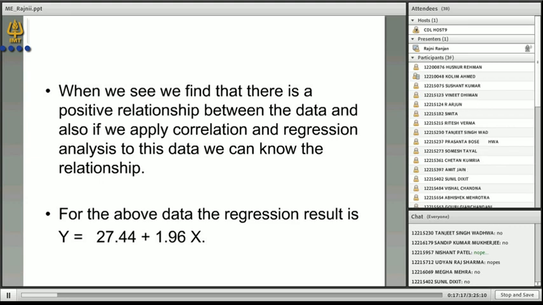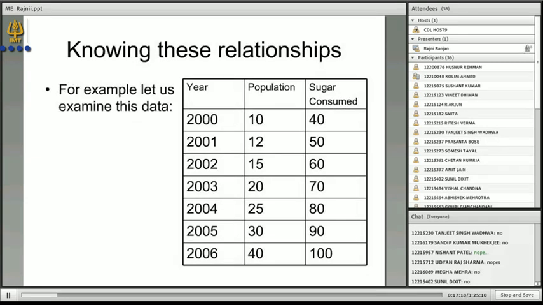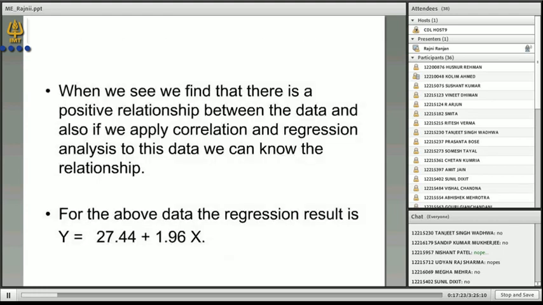For example, when we apply regression analysis on this given data, the answer will be, again I am repeating, y is equal to 27.44 plus 1.96x, where y is sugar consumed and x is population. Now another question that is coming to my mind is, do you think this equation, which is a linear one, gives me the exact relationship between the two variables?